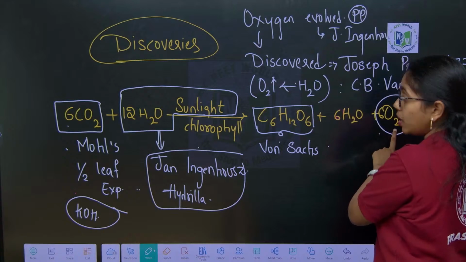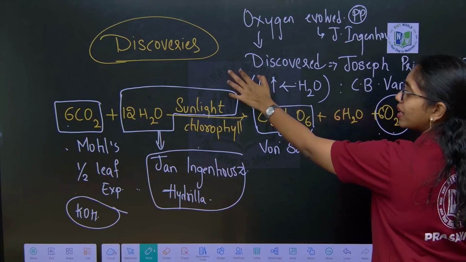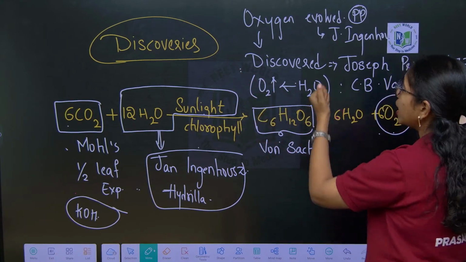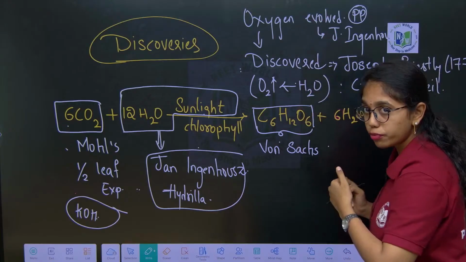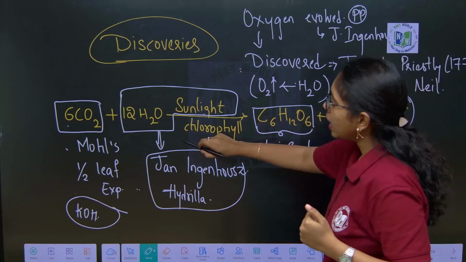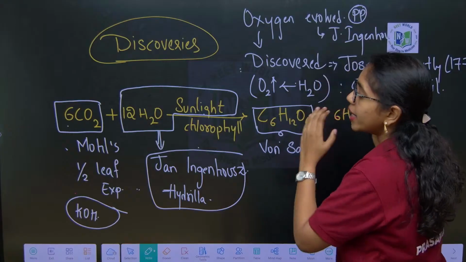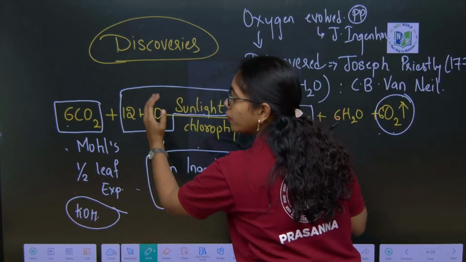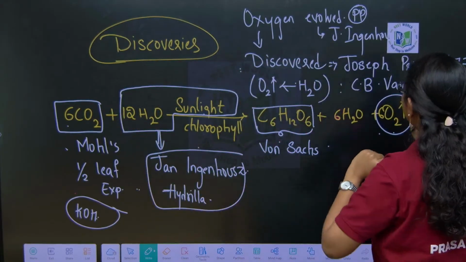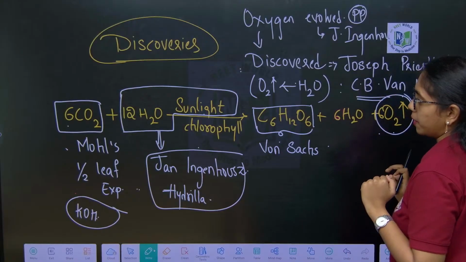About oxygen, it was discovered by Joseph Priestley by the bell jar experiment, and oxygen evolved from photosynthesis is said by Jan Ingenhousz, and it is coming from water, not from carbon dioxide, is said by C.B. Van Niel.